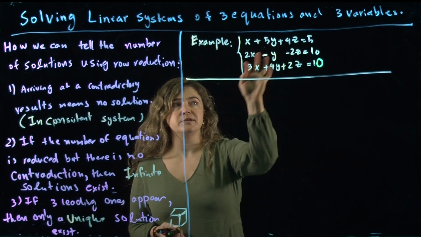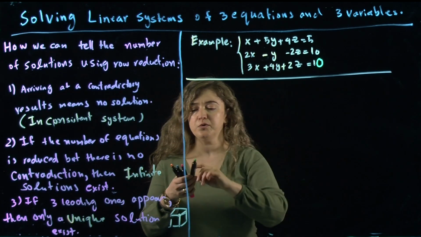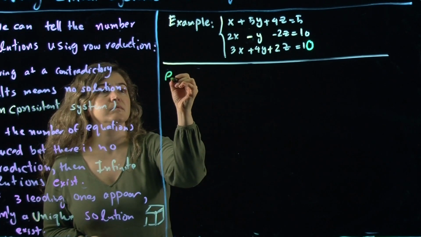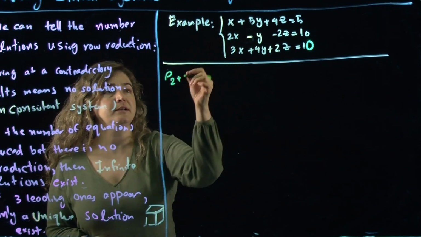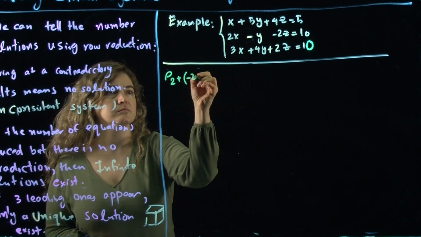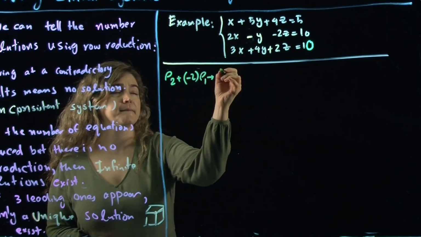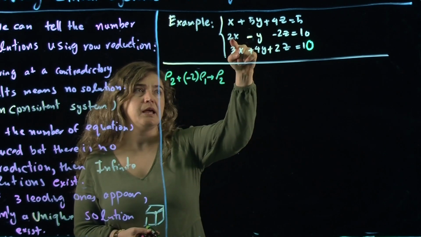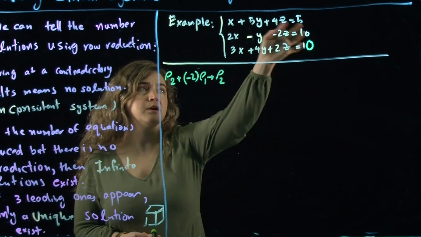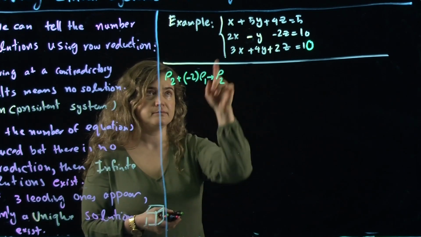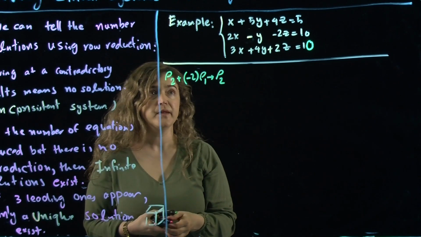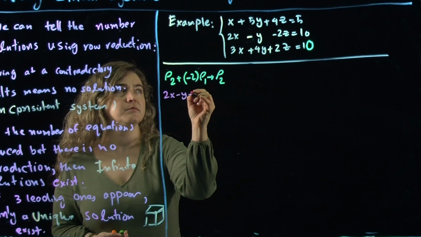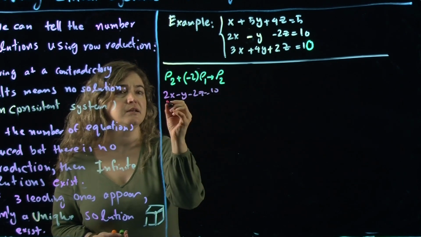So to do that for row 2, I have to use row 1 and add negative 2 times row 1 to eliminate x in row 2. So row 2 is 2x minus y minus 2z equal to 10.